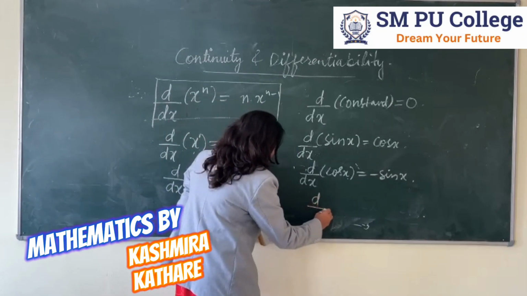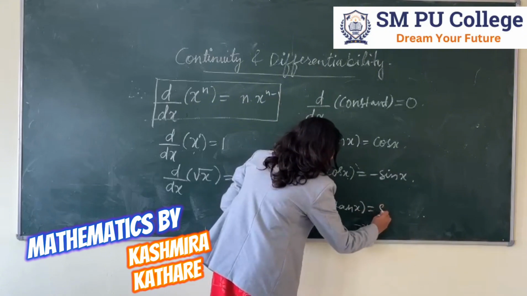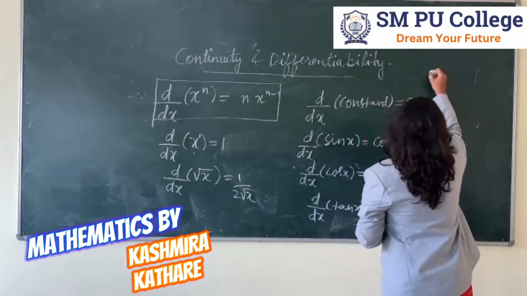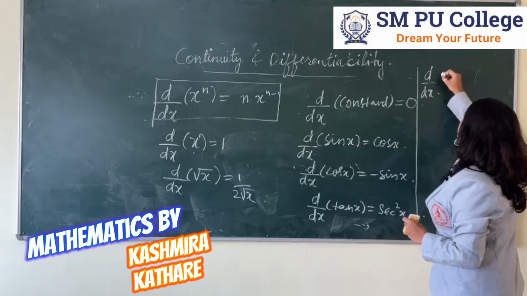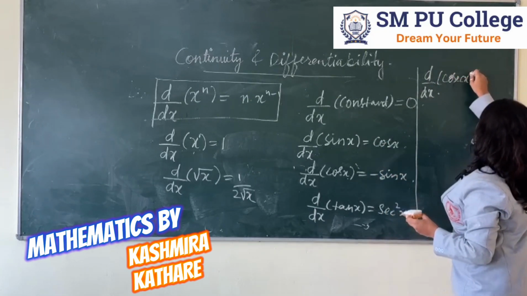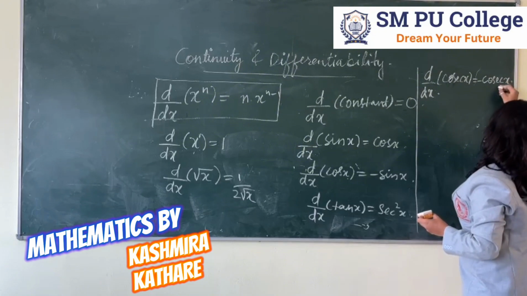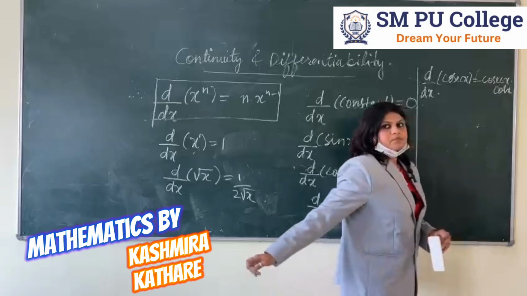Differentiation of tan x is sec square x. Differentiation of the reciprocal of sine, cosec x, is minus cosec x into cot x.